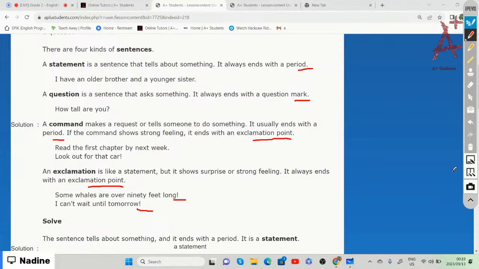When we are having a conversation with somebody, you're either asking the person a question, or you're showing emotions, strong feelings, surprise. Like if you see your friends after a weekend when you go back to school, you're always jolly, jumping, like, wow, hey, that is an exclamation. It shows strong feelings, happy, excited. And these are your four kinds of sentences.